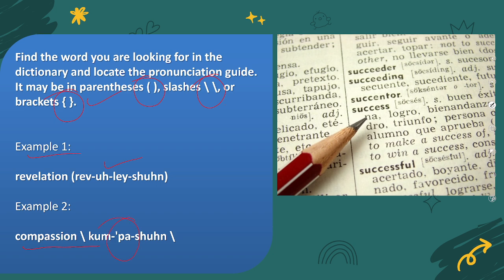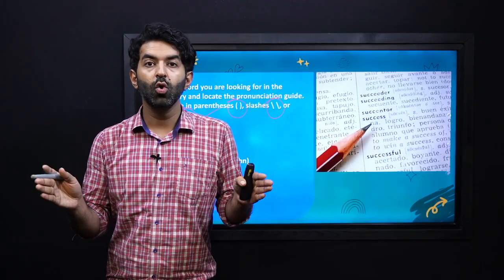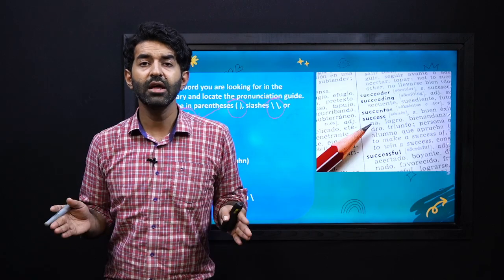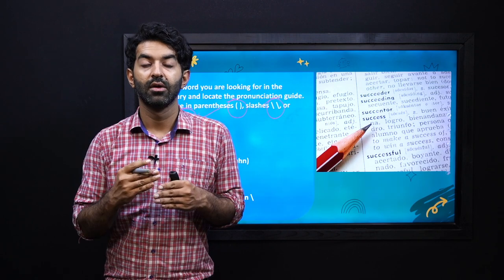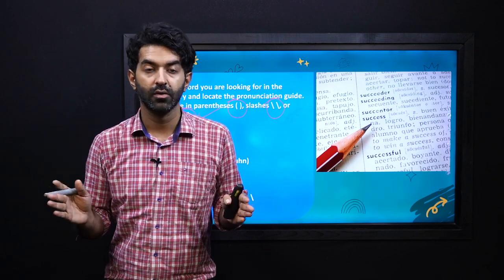Over here. We'll say compassion. So the focus is on the second syllable over here. All right. And when we are talking about revelation, you see that there is no primary stress on any syllable. So you would just say revelation. That's it.